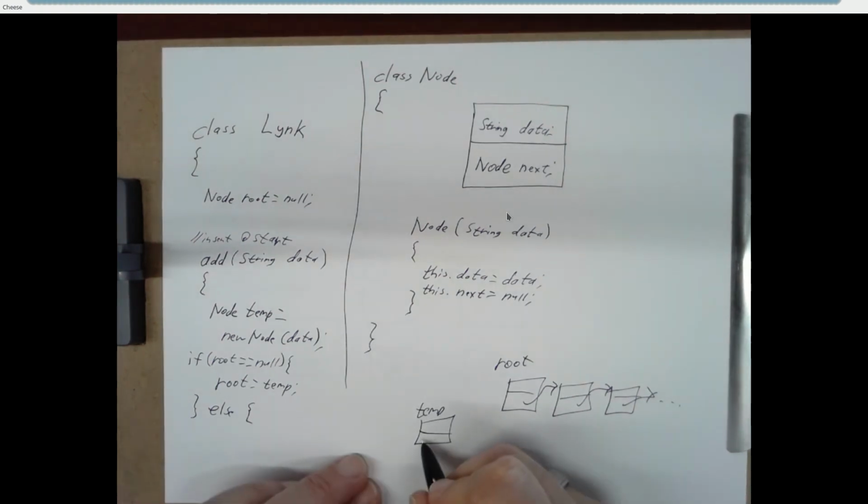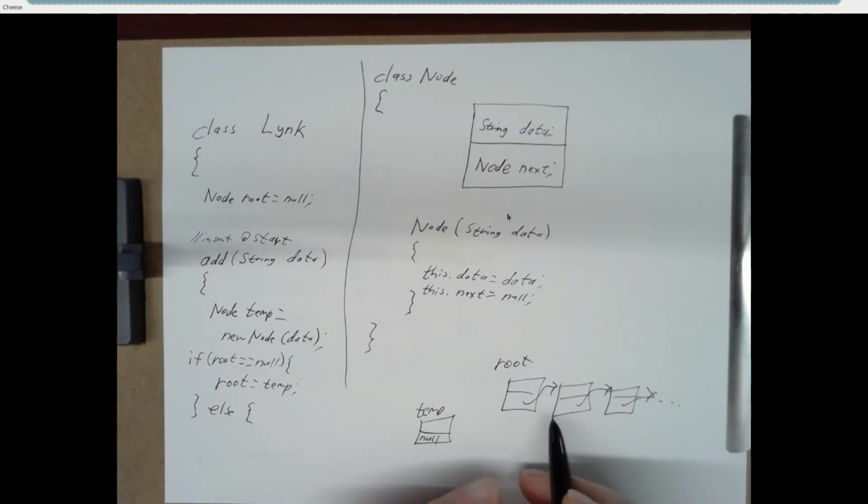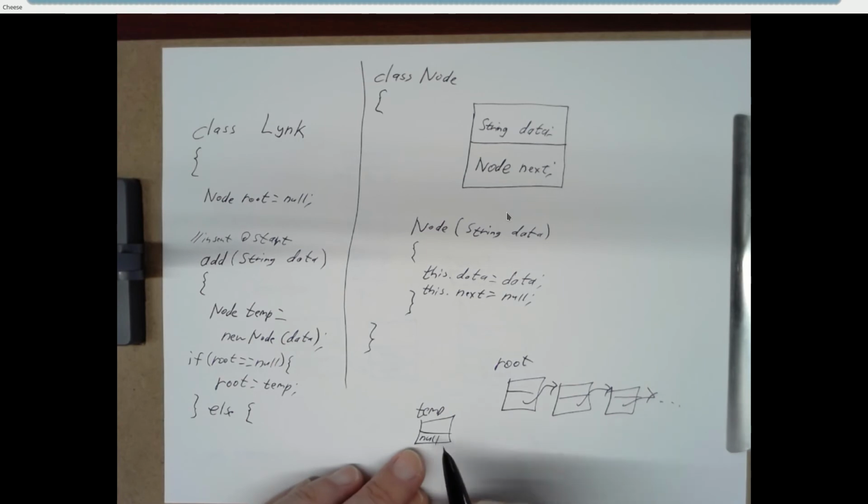And this is null. So we have root, which is a node pointing to a node pointing to a node, and we have our new node, which is temp, and it's got some data field. So how do we insert this into the beginning of our linked list? Yeah, temp points to root. Temp next is root, and then temp is root.